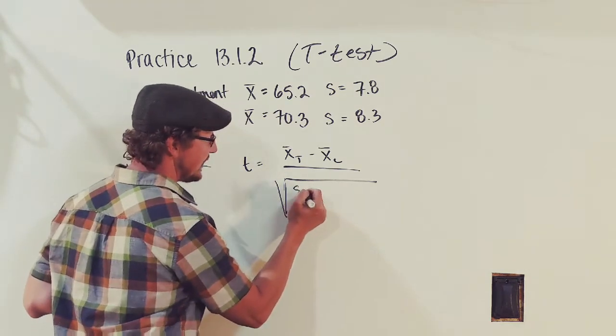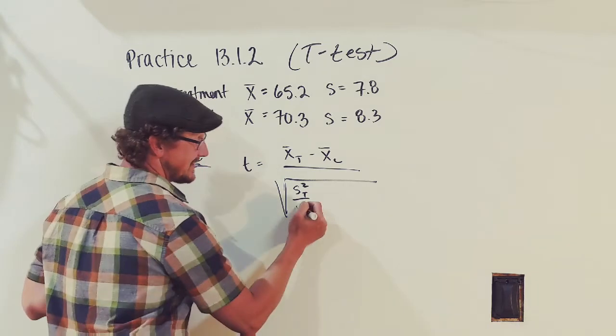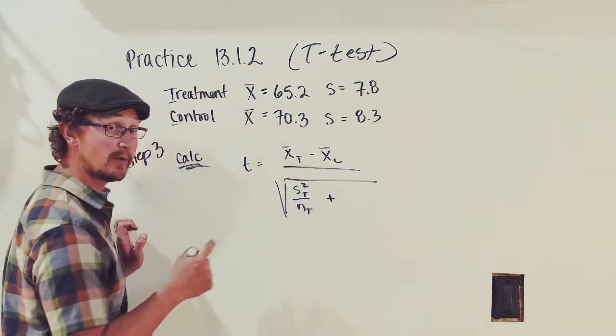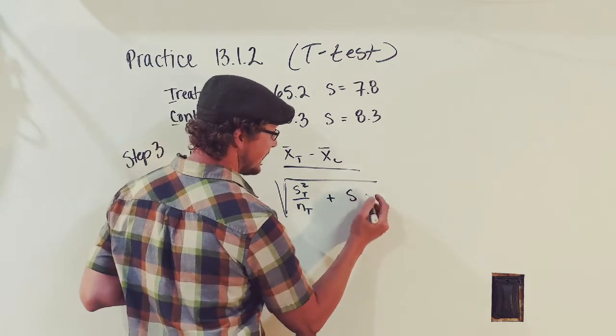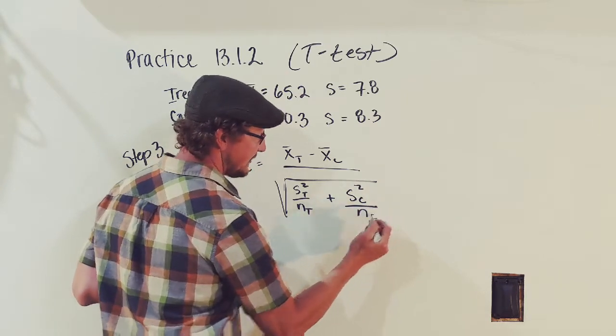That's the standard deviation of the treatment group squared over the sample size of the treatment group plus, always plus, the standard deviation of the control group squared over the sample size of the control group.